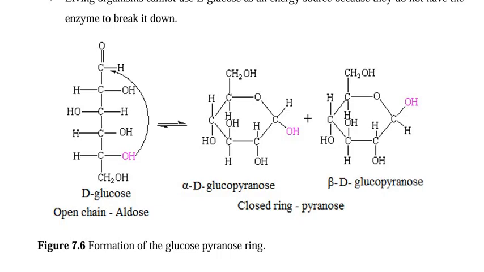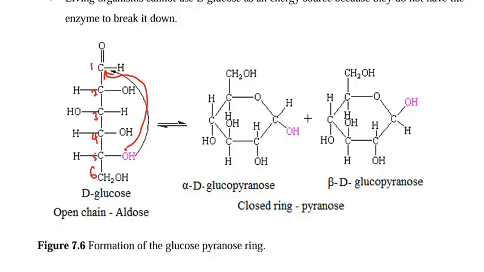And if you want to change this into a ringed structure, we're going to combine. This is carbon number 1, by the way. This is 2, 3, 4, 5, 6. So we'll take the oxygen on the 5th carbon and combine it with the carbon from location number 1.